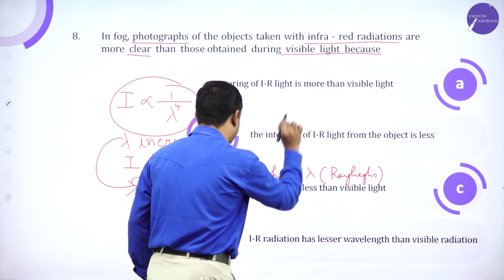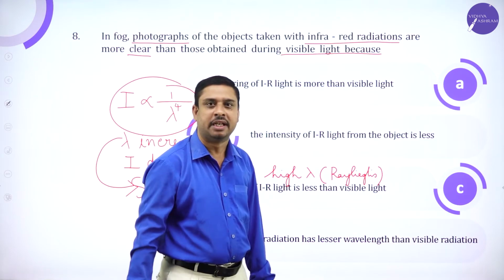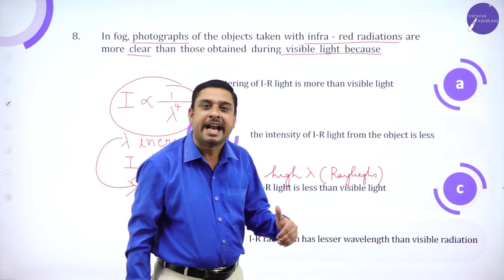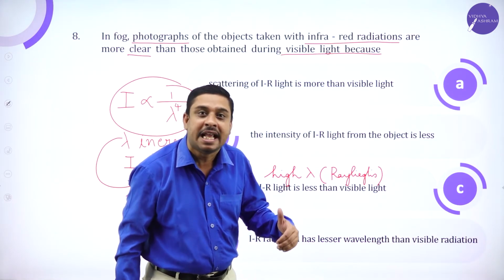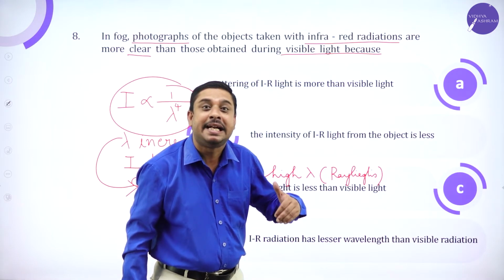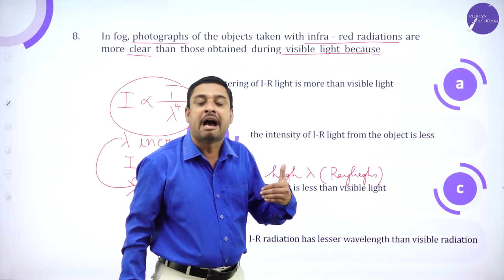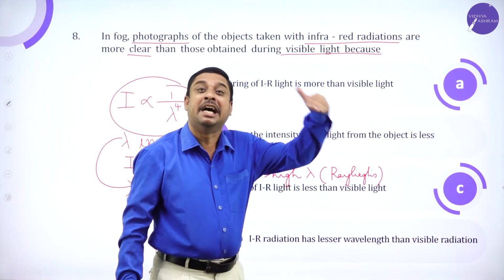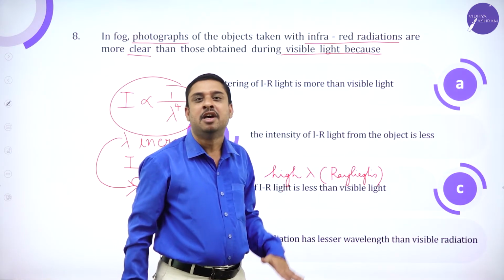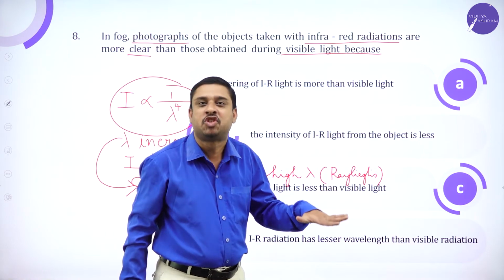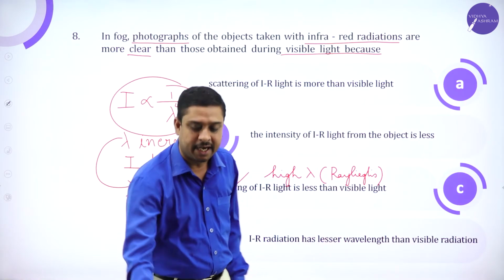So the correct one is the third option. IR radiations have more wavelength than visible light, so IR radiations scatter less. So the picture is more clear.